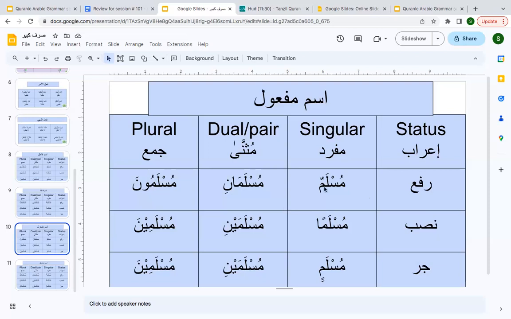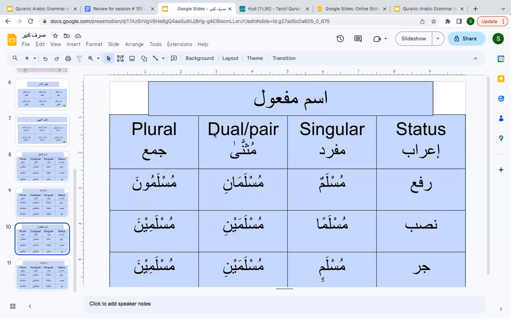So when it comes to ism zarf, the table is going to be Muslamun, Muslaman, Muslamin, Muslamani, Muslamaini, Muslamatun, Muslamatin. We are not going to worry much about the zarf table or very fine details.